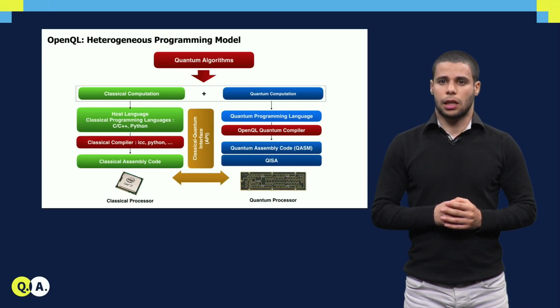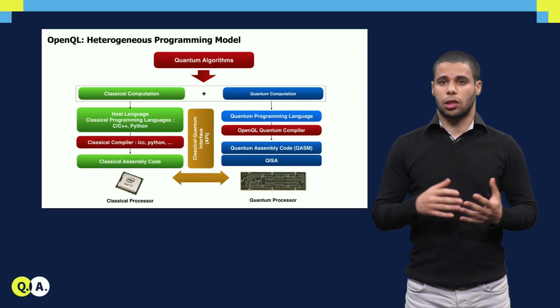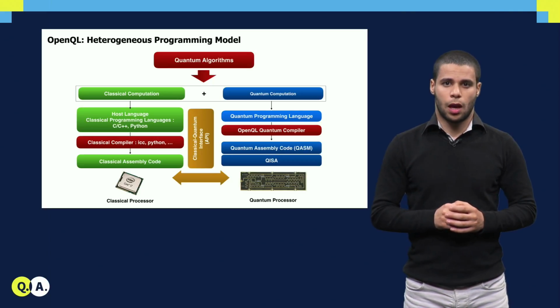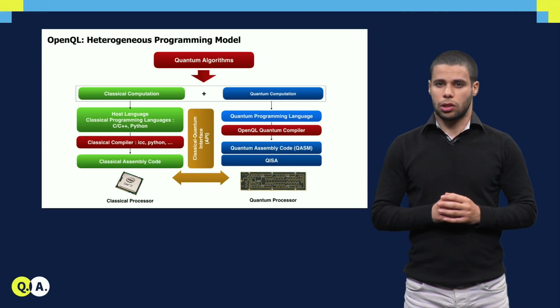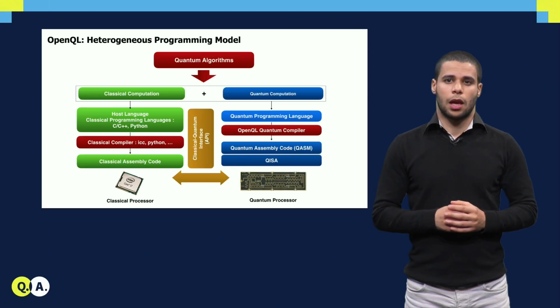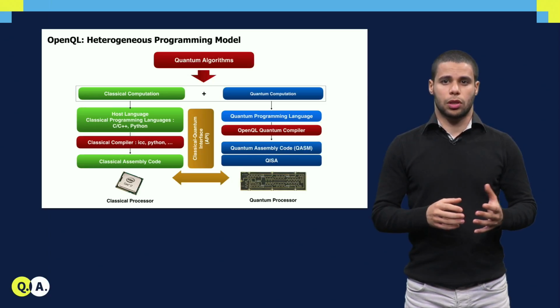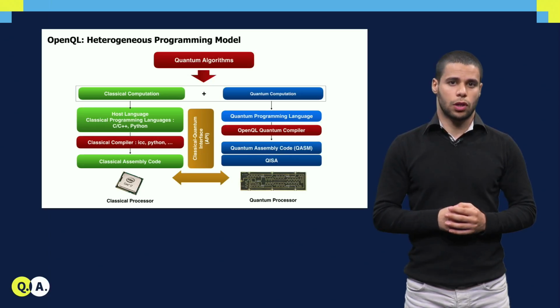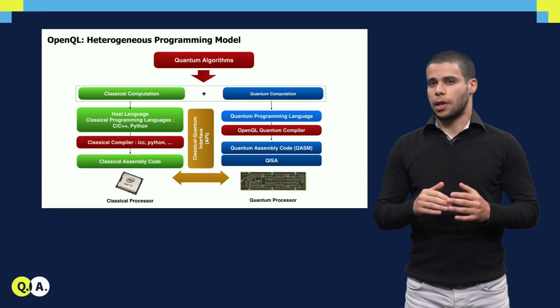Like OpenCL, OpenQL follows a heterogeneous programming model, where the quantum computer is considered as an accelerator, and the general-purpose processor is used as the host processor. OpenQL supports two high-level languages for now, which are C++ and Python.